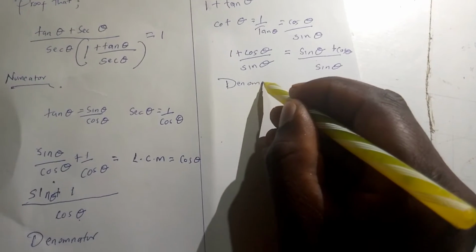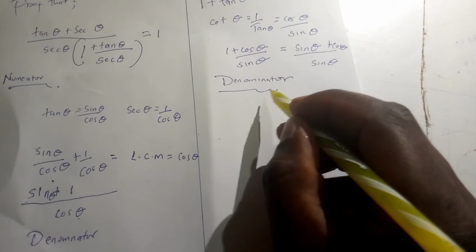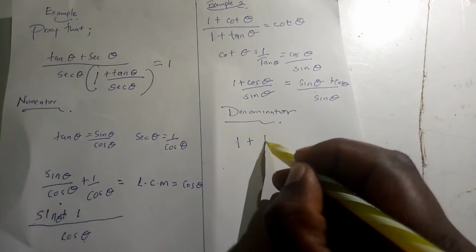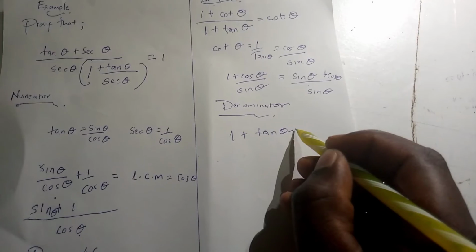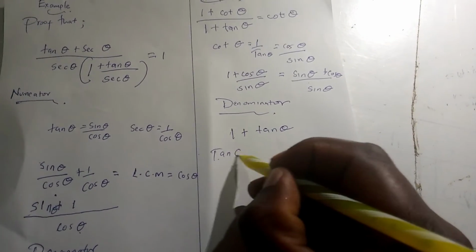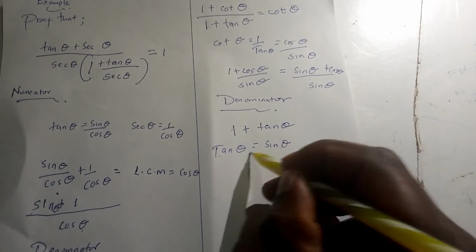In the denominator, we have 1 plus tan theta. We know that tan theta is equal to sin theta over cos theta.